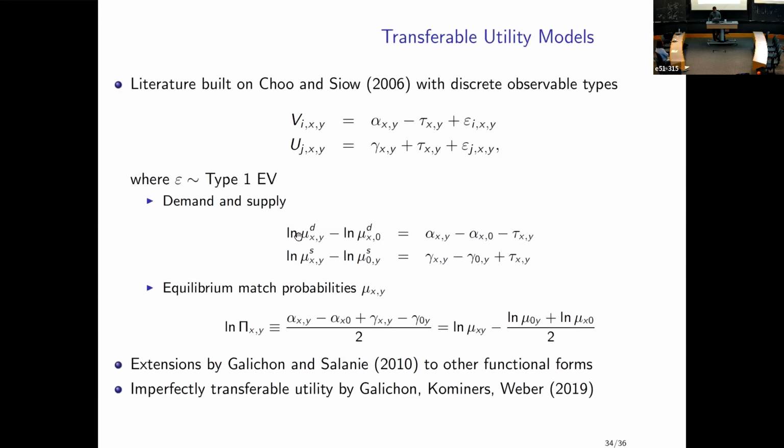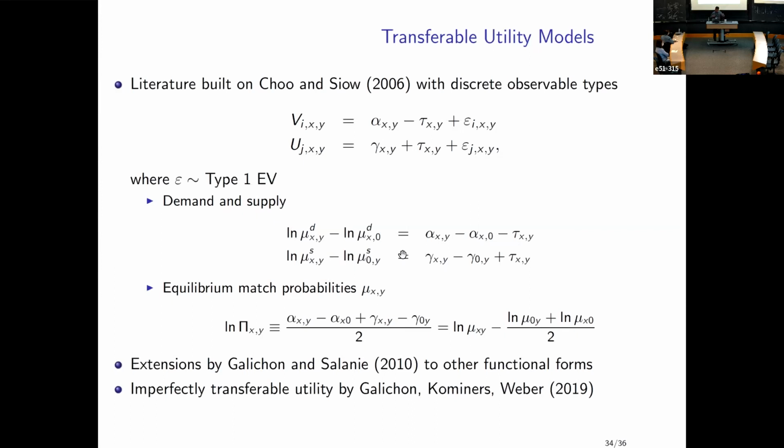Okay. This minus the share that want to be matched to the outside option, that log share difference is given by, because it's logit, alpha of xy minus the alpha of the outside option minus the transfer. The supply is people of type y wanting to match with people of type x. Okay. And those shares are given by this. Let's say that there's equal share, mass one, on each side. Okay.